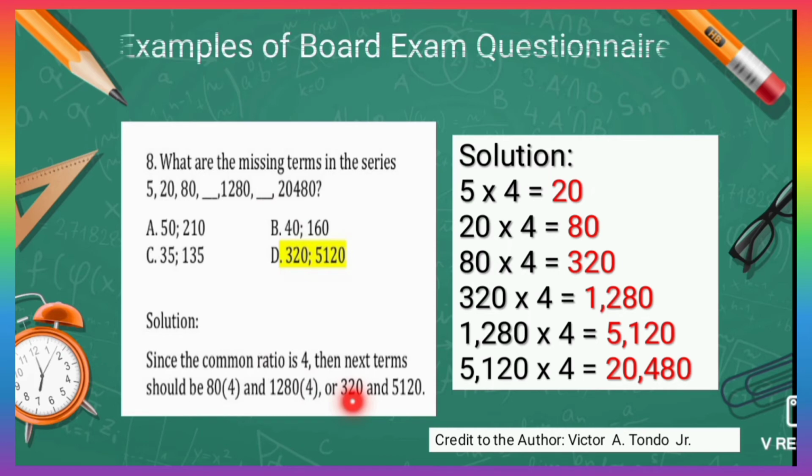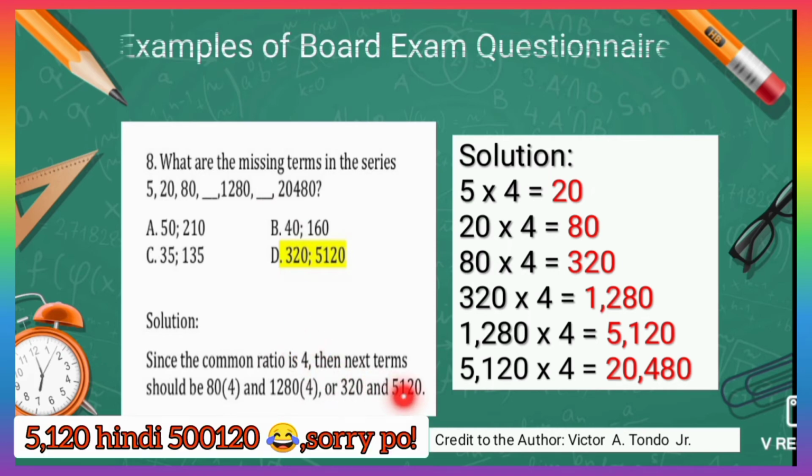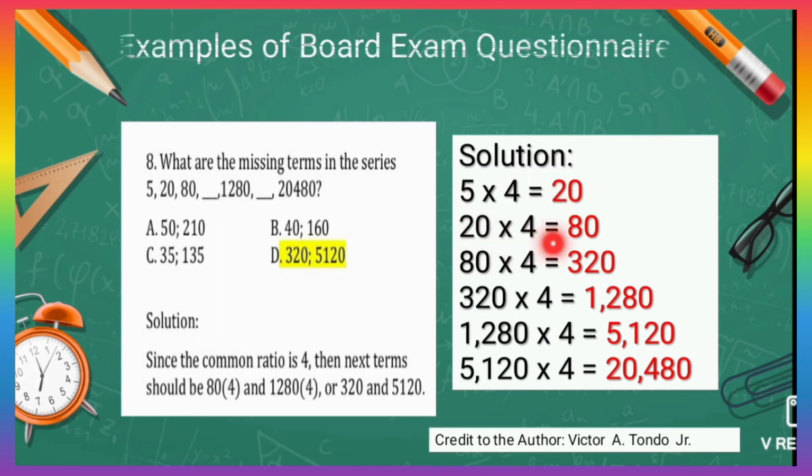So, the answer is 320 and 5,120. Dito yung solution: 5 times 4, the answer is 20, and 20 times 4, the answer is 80. 80 times 4, the answer is 320. 320 times 4, the answer is 1,280. Then, 1,280 times 4, the answer is 5,120. And 5,120 times 4, the answer is 20,480.